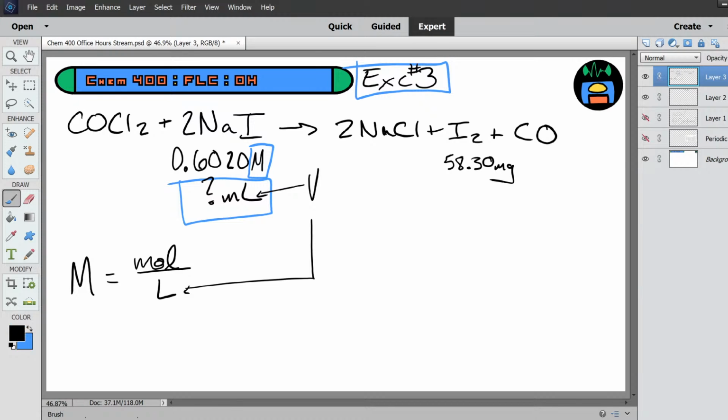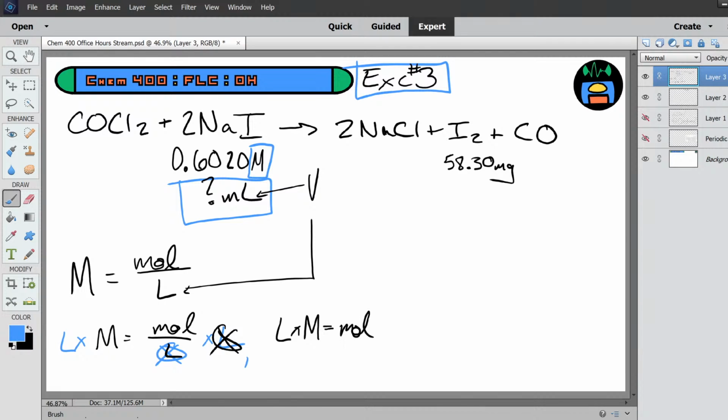So if we want to solve for liters, you take your equation, molarity equals moles over liters, and we multiply both sides by our volume in liters so that liters cancel. Now we have an expression that says liters times molarity equals our number of moles.